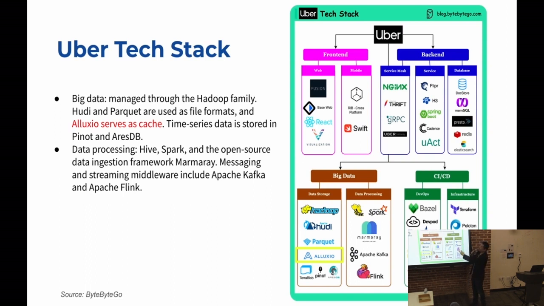See, Uber built everything by themselves. They got some open source things like Kafka, like Alluxio, like Parquet, like Hoodie, like Hadoop. They put everything together and connect them together from scratch to process their workload.